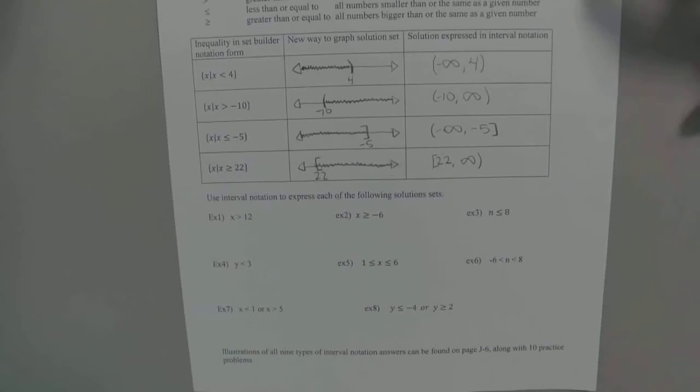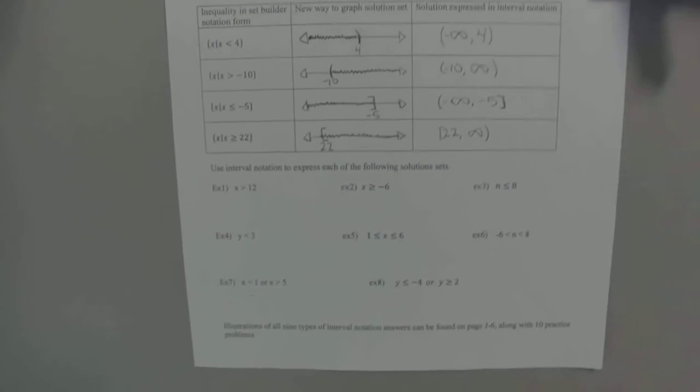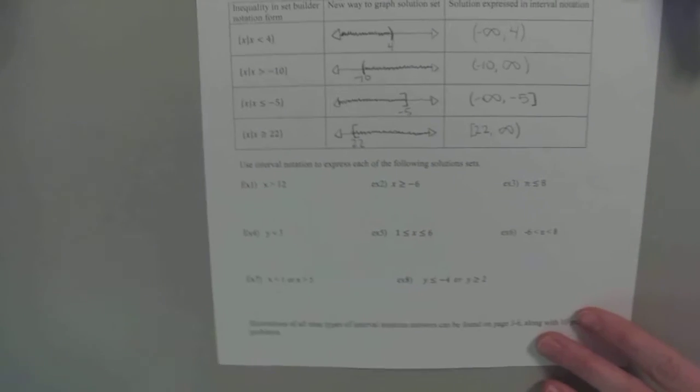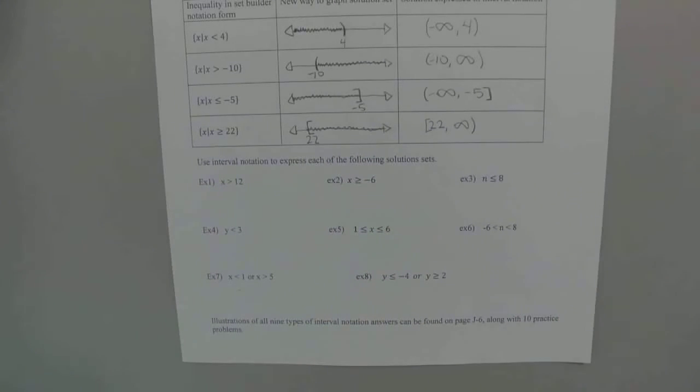So on these, we want to use interval notation. Notice it doesn't say, like example 1 through 8, that we have to graph it at all. If you get confused or need to graph it to help you, feel free. But if you want to do interval notation, go right to it, you can. So let's think about example 1. We want values of x that are greater than 12. So what's the lowest number we're going to deal with? 12, right?